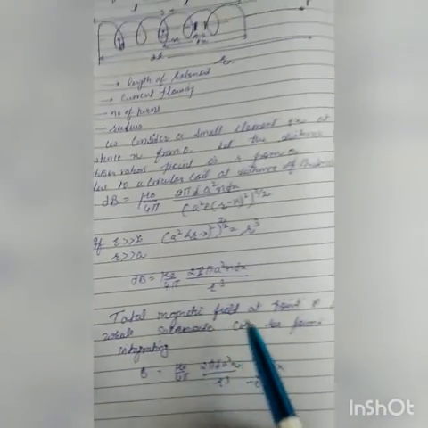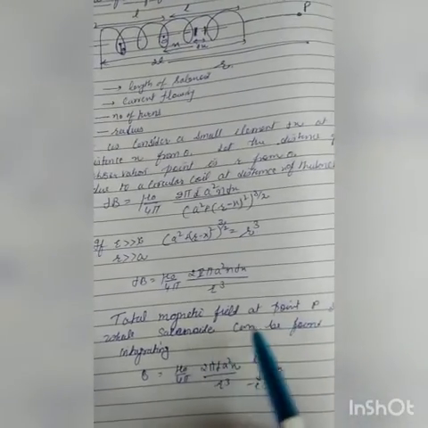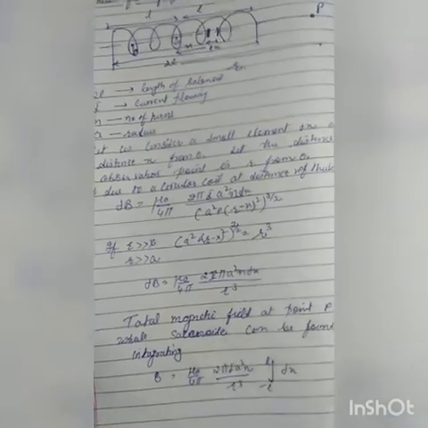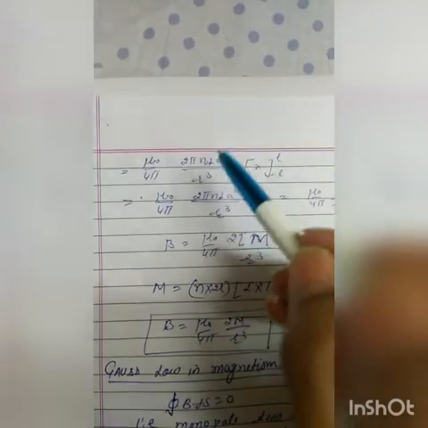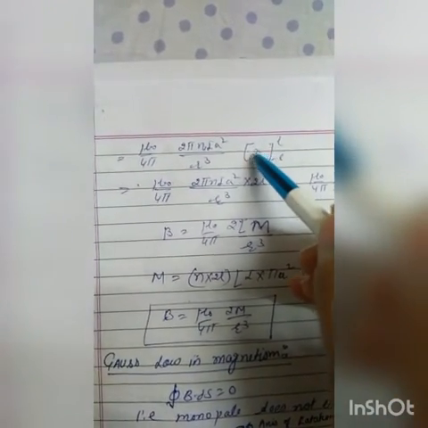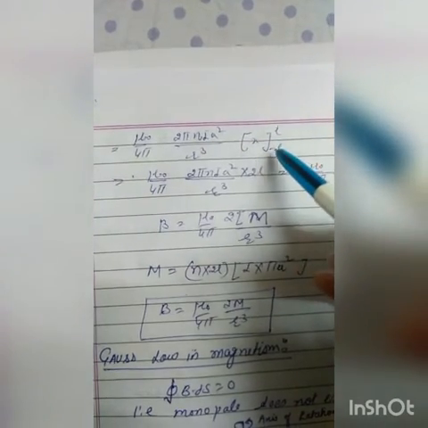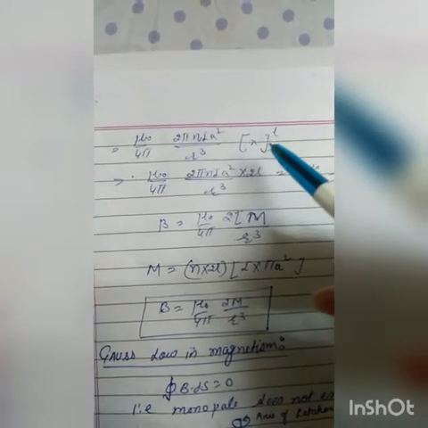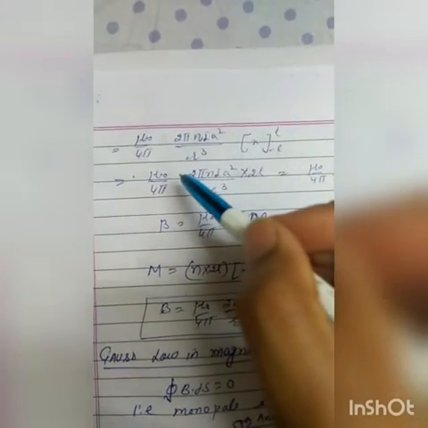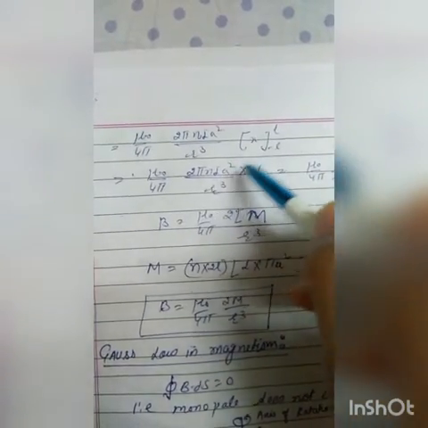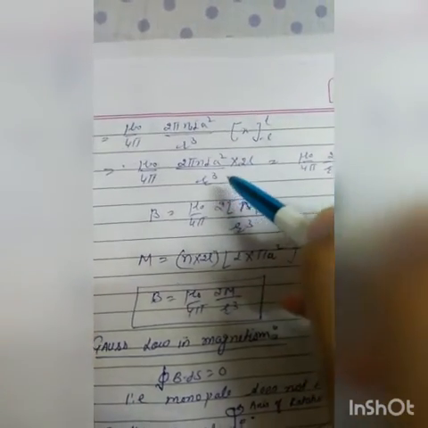In order to find the total magnetic field due to the solenoid, we have to integrate from minus L to plus L. All the terms are constant, so take them outside. There is variation in x, so the integration of dx is x, with upper limit L and lower limit minus L. On putting the values of the upper and lower limits, we get mu naught upon 4 pi, 2 pi I n a square into 2L upon r cube.